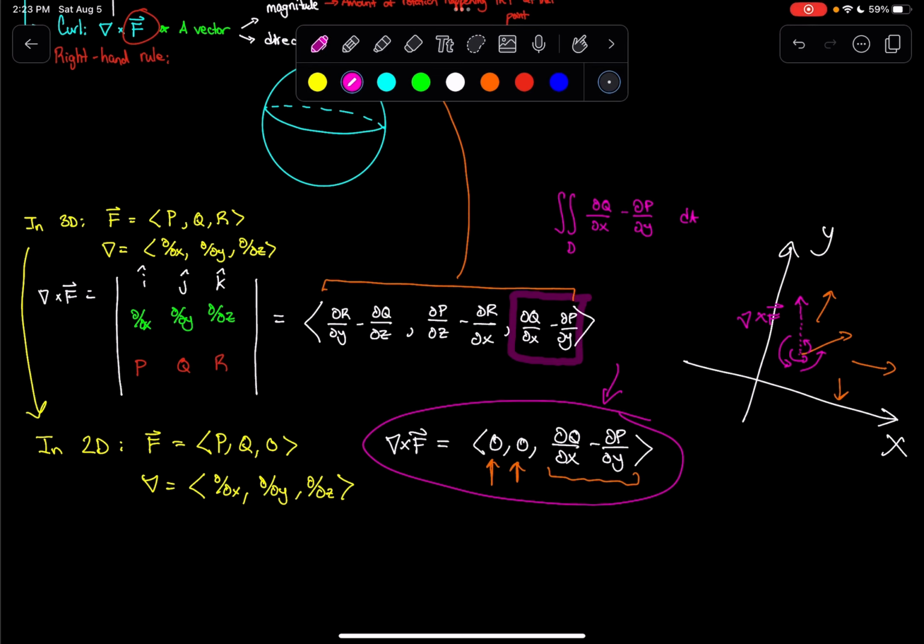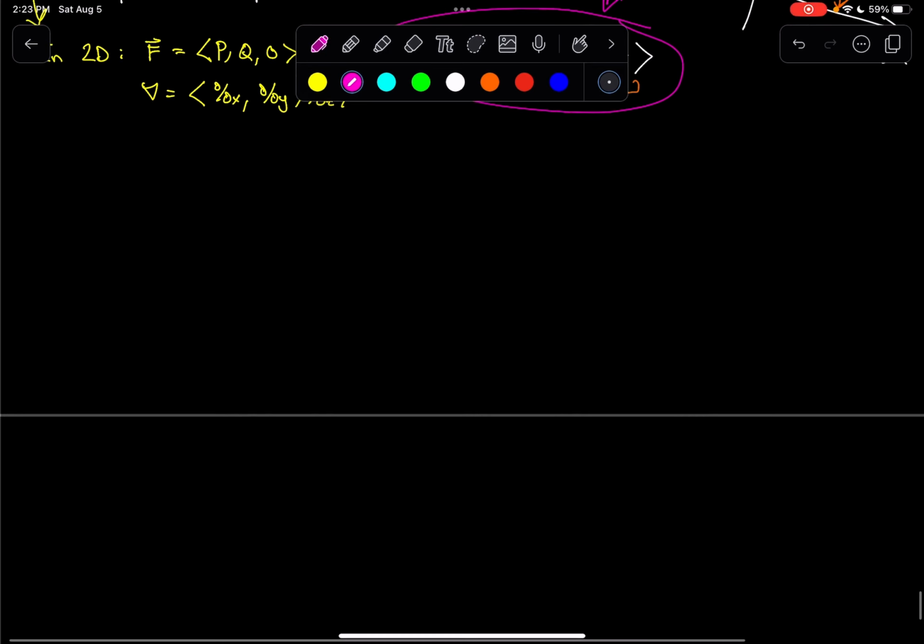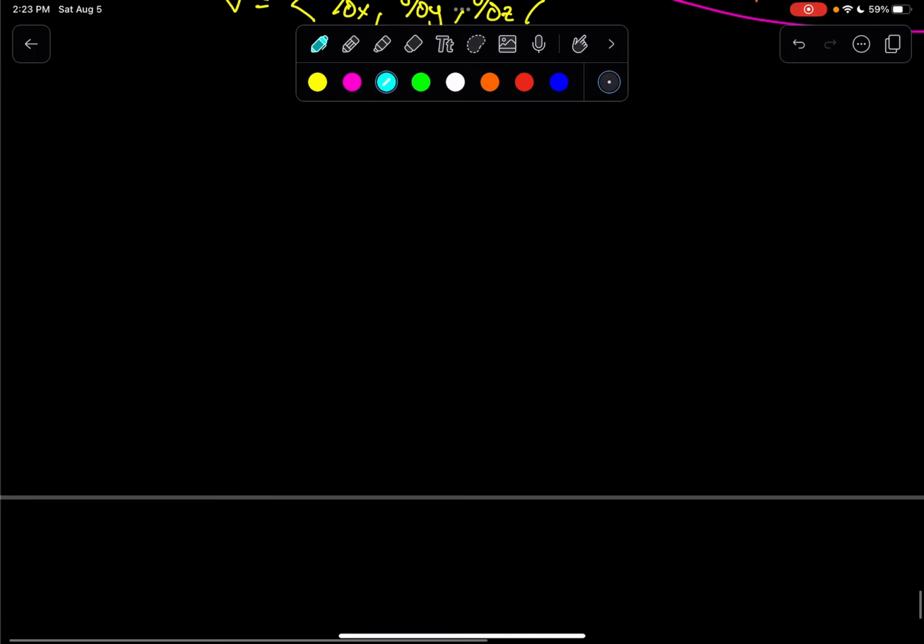So the more interesting question is, how does this relate to Green's theorem?